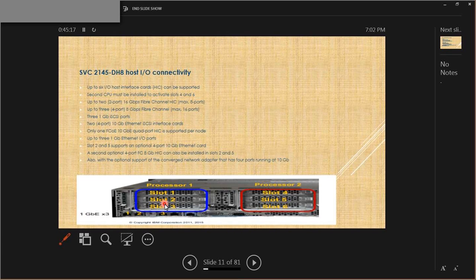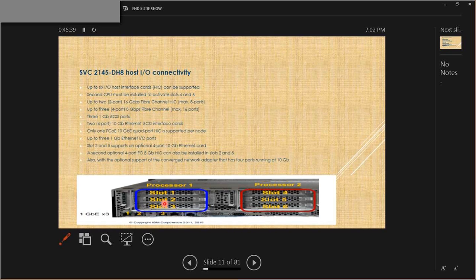Then you have slot number 3 that is used for SAS connectivity. As you might know, we have internal storage in this model, in case of DH8. So we can have a maximum of 2 expansion enclosures. There should be a way for us to connect this node to the internal storage as well, right? How do we connect it?